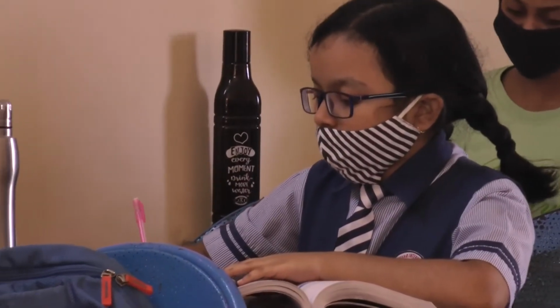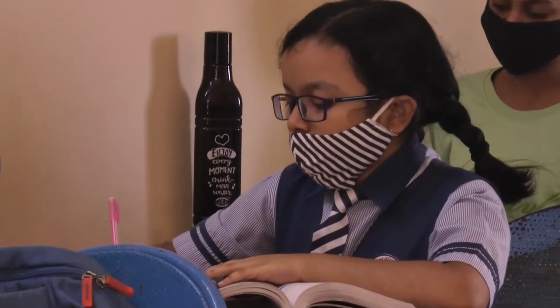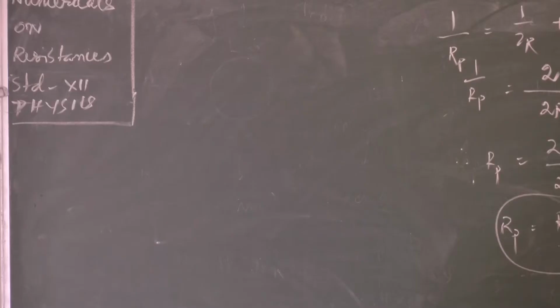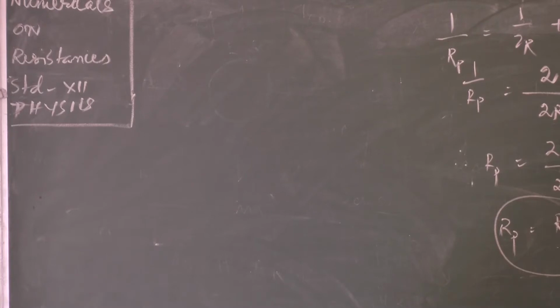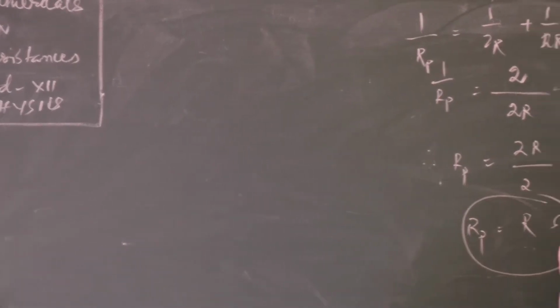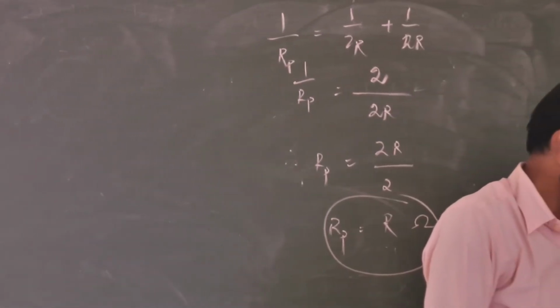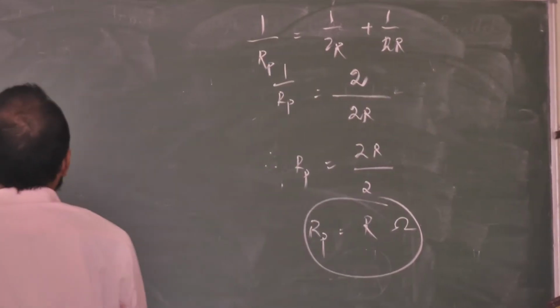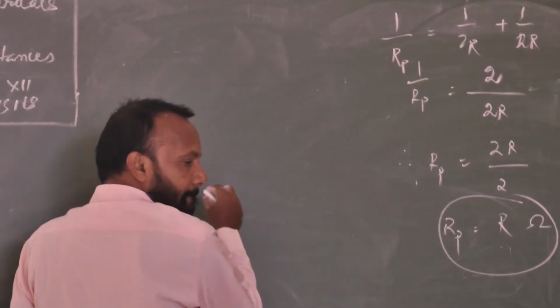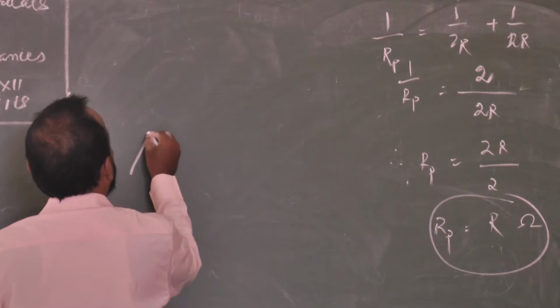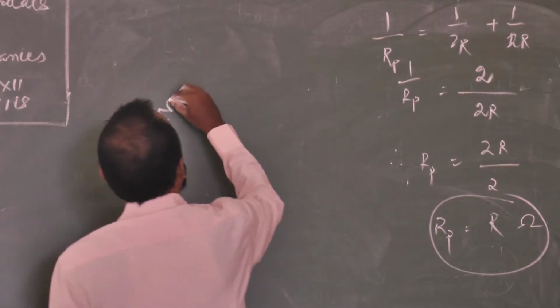Next question is, a diagram is given. Suppose you have to calculate the resistance of the letter A between the two ends of the legs. Let me draw the diagram. Draw the diagram with me.